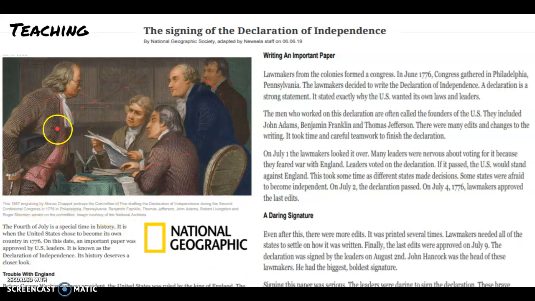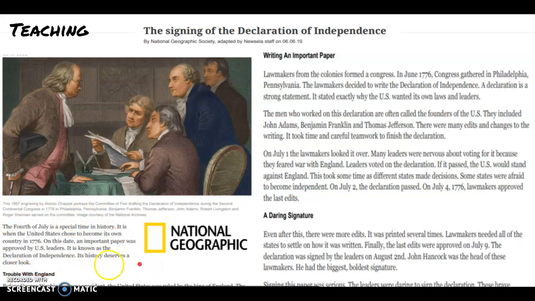It looks like Benjamin Franklin and some other colonists, and the caption says, this 1857 engraving by Alonzo Chappell portrays the Committee of Five drafting the Declaration of Independence during the Second Continental Congress in 1776 in Philadelphia, Pennsylvania. Benjamin Franklin, Thomas Jefferson, John Adams, Robert Livingston, and Roger Sherman served on the committee. Image courtesy of the National Archives.